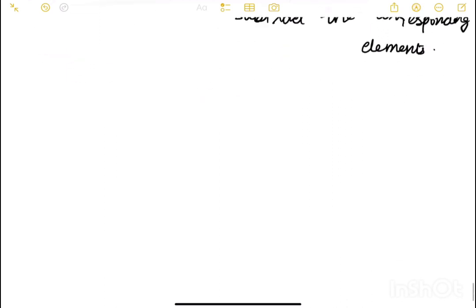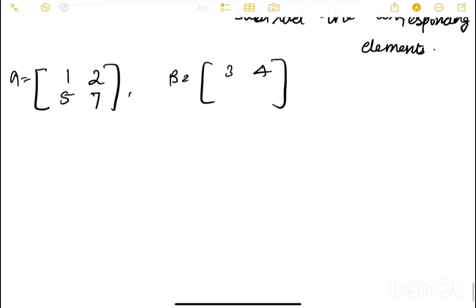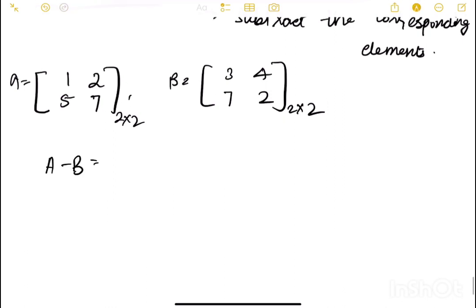Okay, so I will give you an example. A is 1 2 5 7, and my B is 3 4 7 2. First of all, check whether the order is the same. The order is the same, both are 2 cross 2 matrices. Now what I want to do is subtract. We will write it.